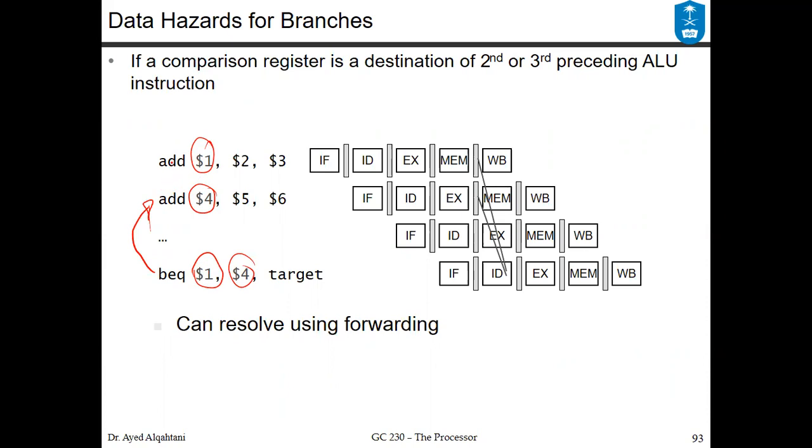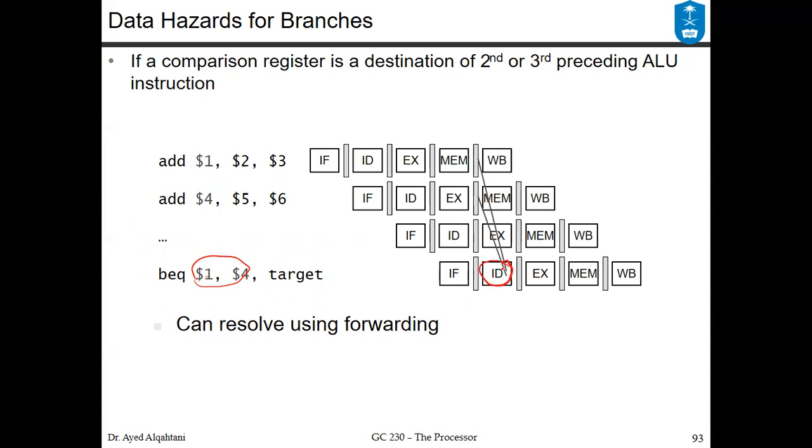So you have an add followed by that. If the registers 1 and 4 are the destination of the second and the third preceding ALU instruction, then that's fine. You can forward them without a problem. Notice that for the comparison, the branch expects register number 1 and register number 4 in the ID stage now.